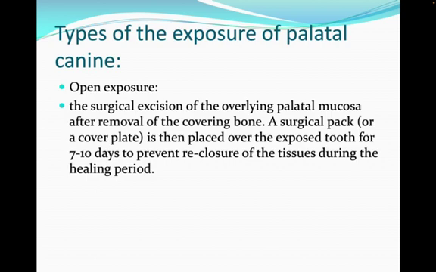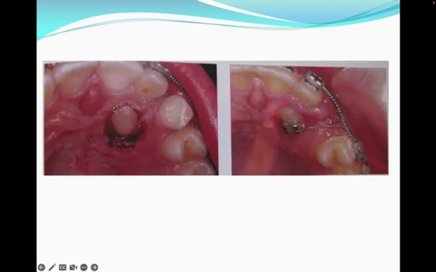The advantage for the palatal canine is that it's all attached mucosa, so we can easily do an open exposure in the maxilla on the palatal side, compared to the buccal canine.